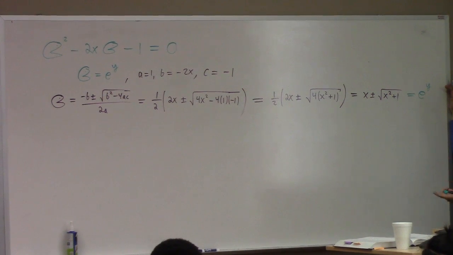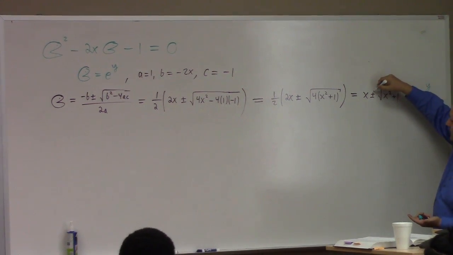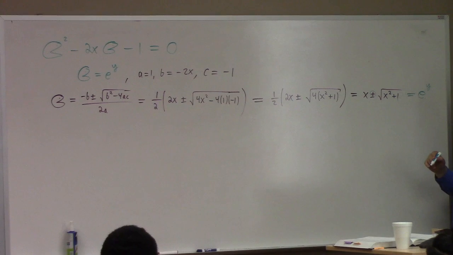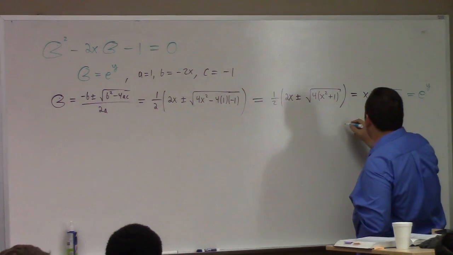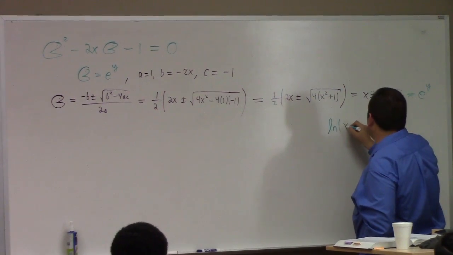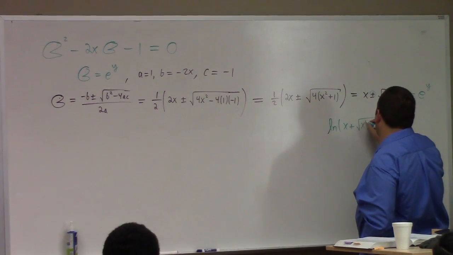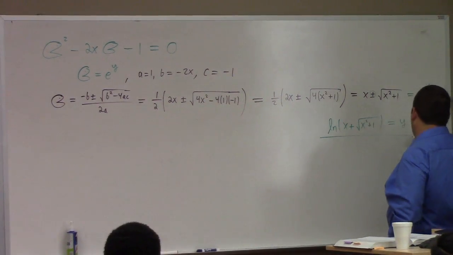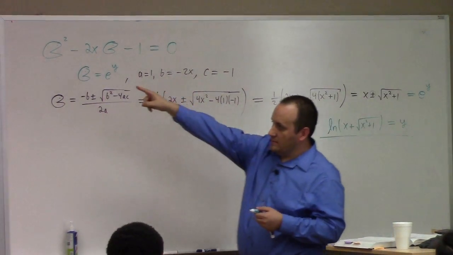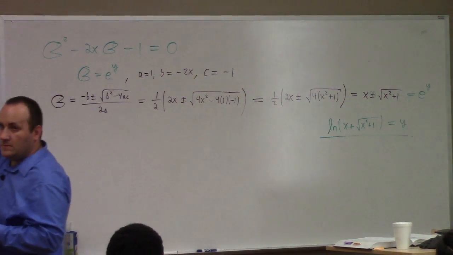The exponential can't be negative, so we have to choose the plus in order to get a solution, which means you can do the natural log. So the natural log of x plus the square root of x squared plus 1 is equal to y. But that's exactly what we were trying to show.